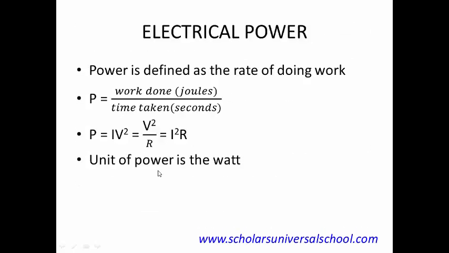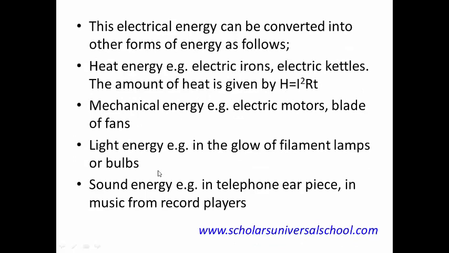Now, one thing we should know is that there is a conversion of electrical energy from one form to another. That explains the principle of conservation of energy, that energy is neither created nor destroyed. It is only transformed from one form to another. So electrical energy can be transformed to other forms of energy.